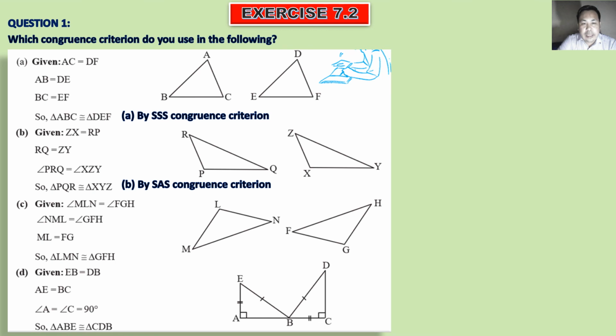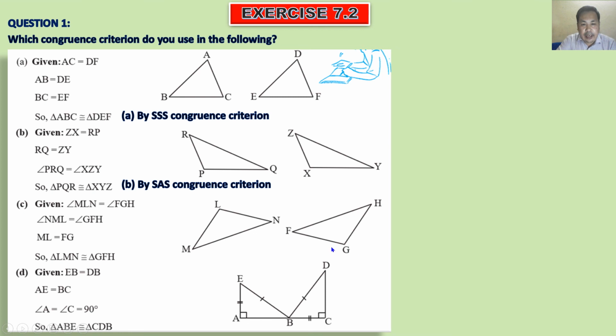Again, it is given that ML is equal to FG, which means one included side is also equal in these two triangles. See these two sides, ML and FG.